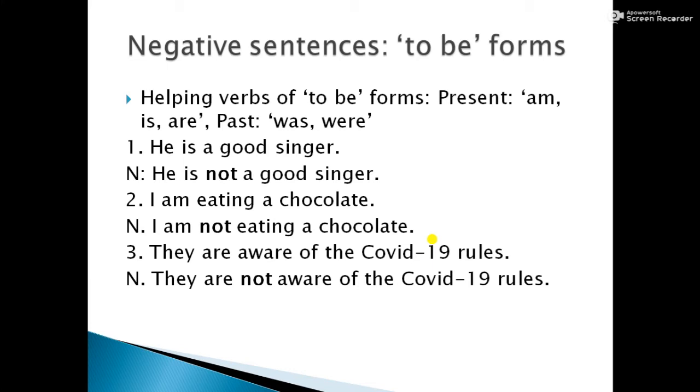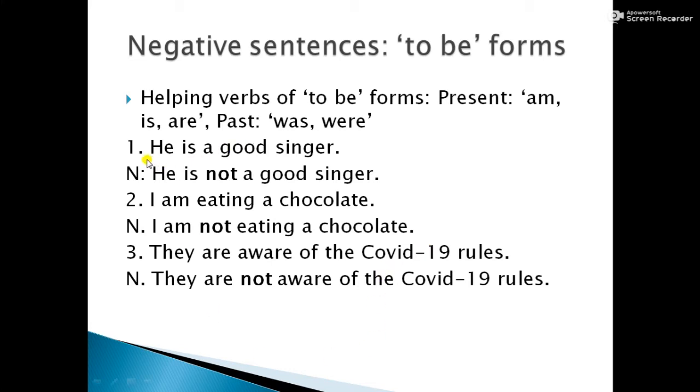Helping verbs of to be forms are generally in present tense am, is, are, and in past tense was, were. These are the forms of to be.